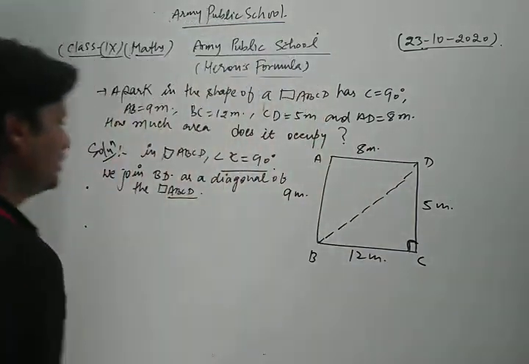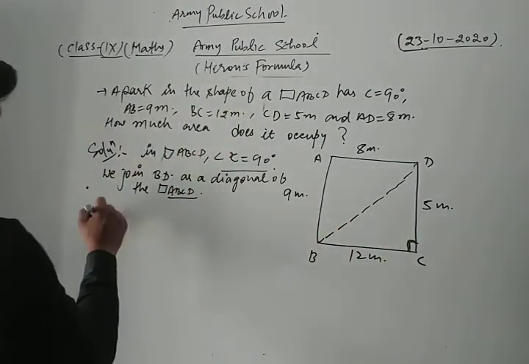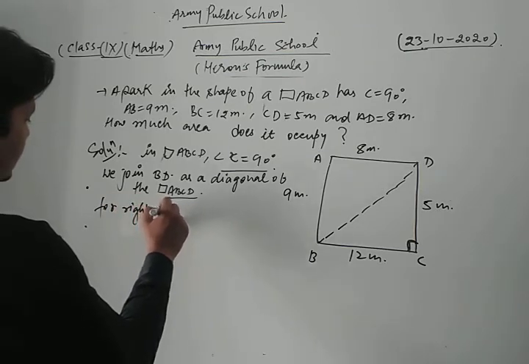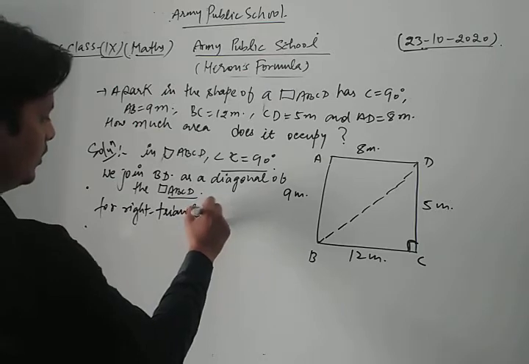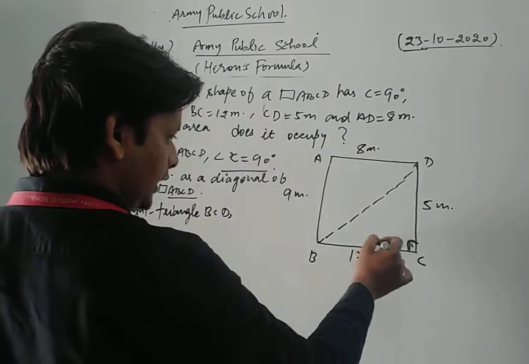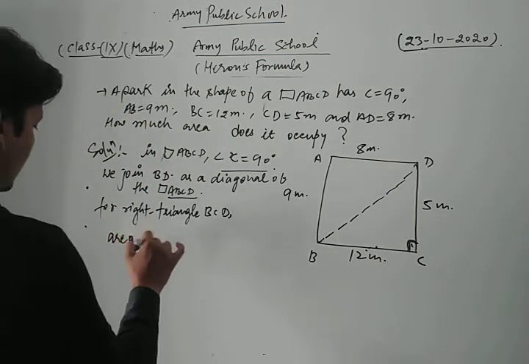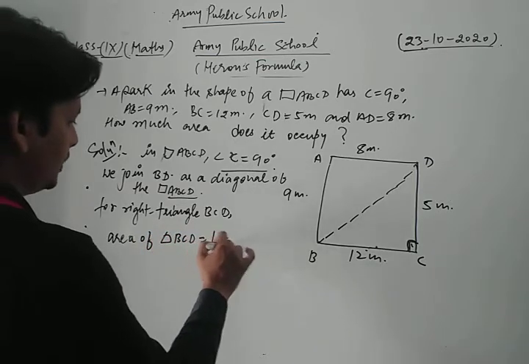Let's see. Dear friends, first of all, in the right triangle BCD, this is the perpendicular and this is the base. Area of triangle BCD is 1 upon 2 into base into height.